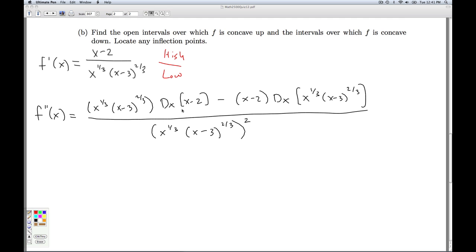Now the complicated derivative is going to be right here. All right, the derivative of that product. So let's go ahead and do that off to the side here. The derivative of x to the 1/3 times x minus 3 to the 2/3. It's very similar to our original function f, except we've got the roles of the exponents different. But we still use product rule like we did before.